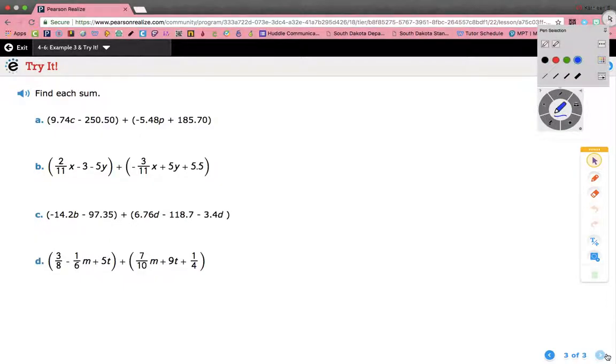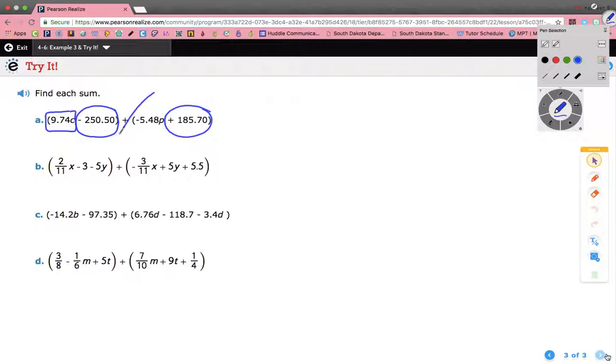All right. Ooh, here's 4 that we can solve. Okay, find each sum. I'm not going to solve them all, but we're just going to practice putting them in the right order so that we could go to the farthest step. Okay, so again, we're still combining like terms. So we have a c, we have a constant, we have another constant, and we have a p.